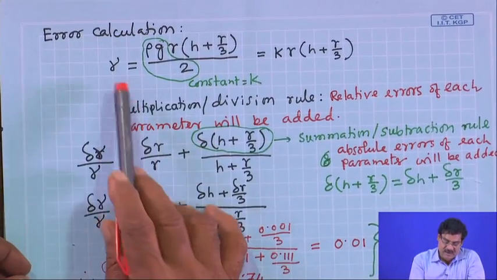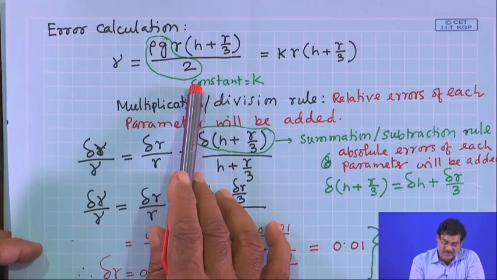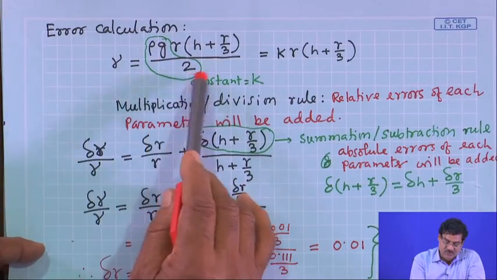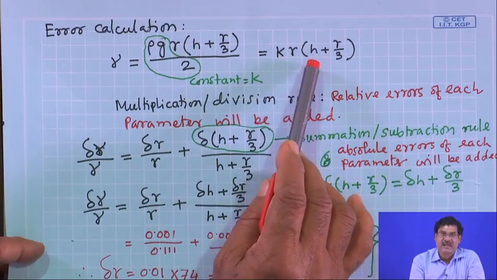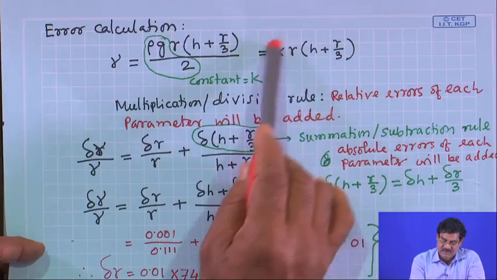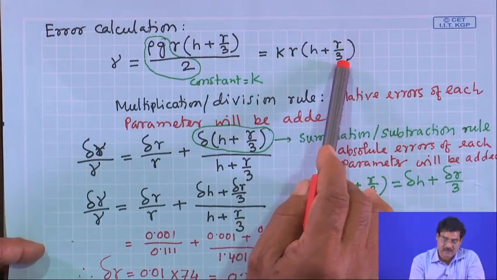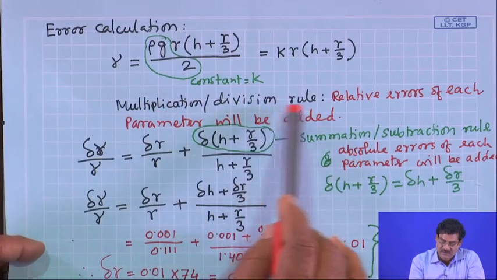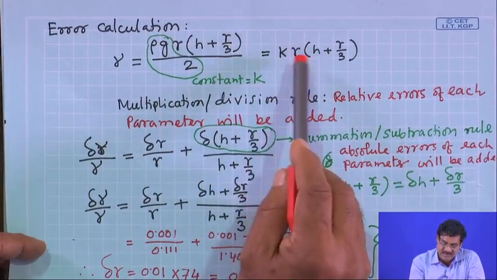Now, we will do the error calculation for this measurement. This is the working formula: gamma equals rho g by 2 times r times h plus r by 3. Rho g by 2 is constant, so I have written k. So gamma equals k r (h plus r by 3), a multiplication of terms. The multiplication and division rule tells that the relative errors of each parameter are added.